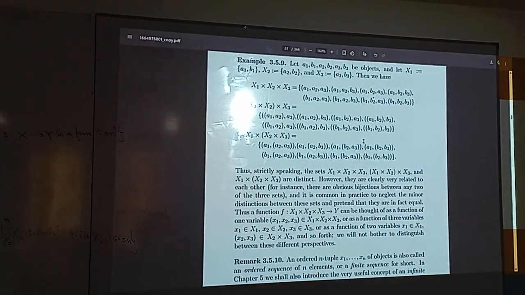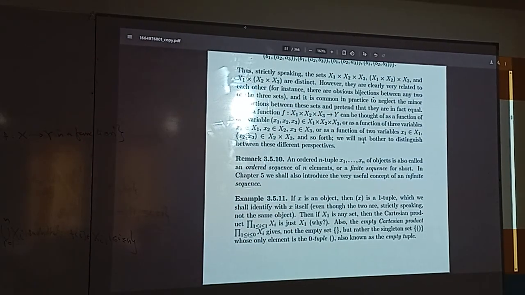A function f from X1 cross X2 cross X3 to Y can be thought of as a function of one variable (x1, x2, x3), or a function of three variables x1, x2, x3, or as a function of two variables, one is x1, the other is (x2, x3), like that. There are many ways of interpreting. They are not that important, but we need to know that there are such things.